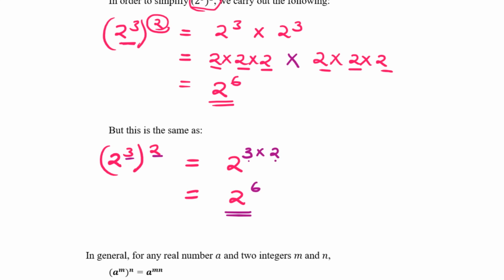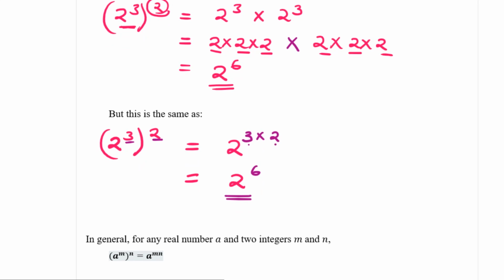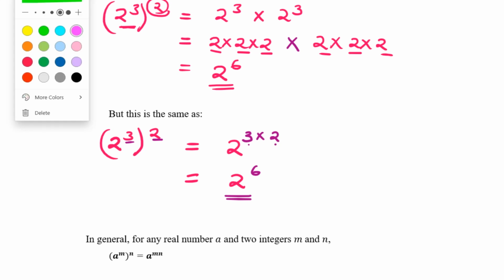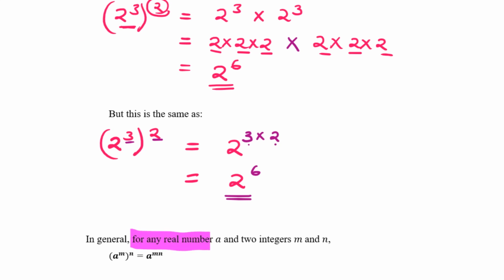So we can have a general form. We can conclude by saying generally, for any real number a and two integers m and n, if you have a to the power m in brackets and n outside the brackets, this is equal to a to the power mn.